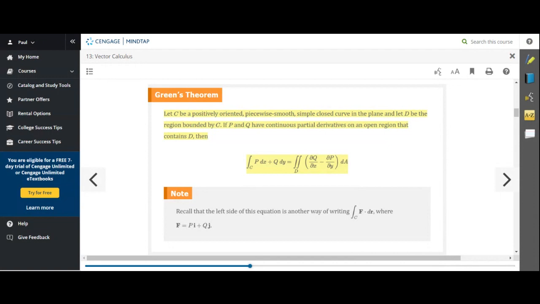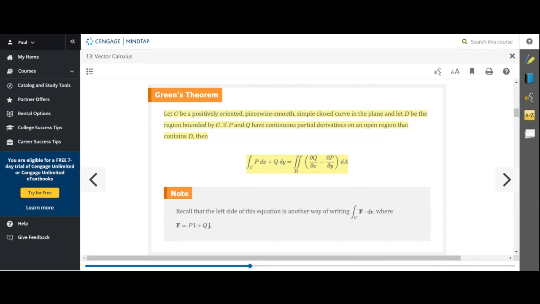I will just tell you for your homework, every curve you get is going to be a smooth, simple, closed curve. There are not going to be breaks in the curves. The closed curve will contain a region D. The region D is bounded by the closed curve C.